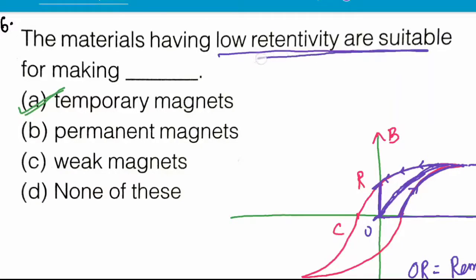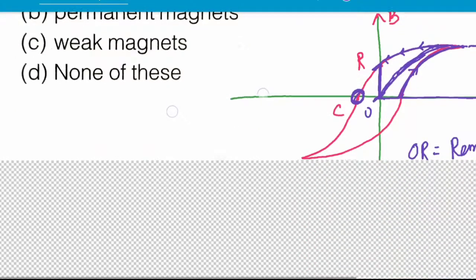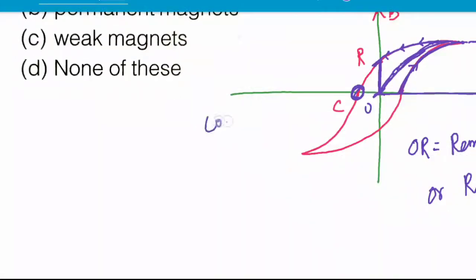Low retentivity means very less residual magnetism, or this metal cannot be a permanent magnet because there is very less residual magnetism. And here the C point is called coercive field or coercivity. This is called coercivity, and this is called retentivity.